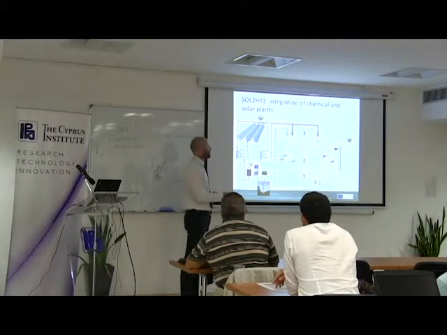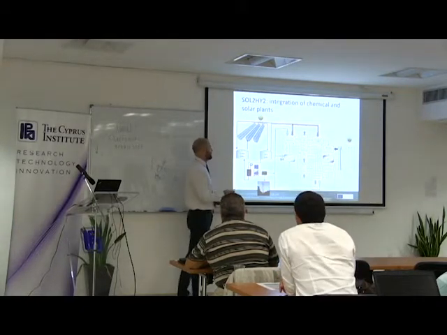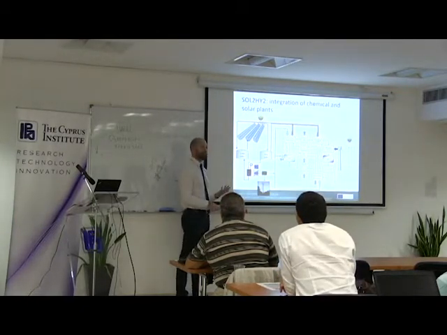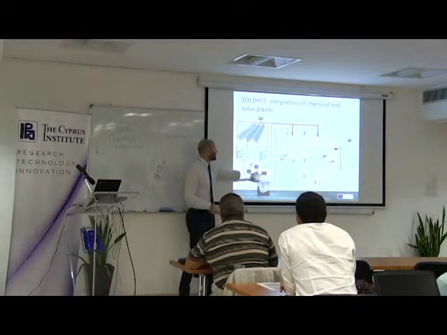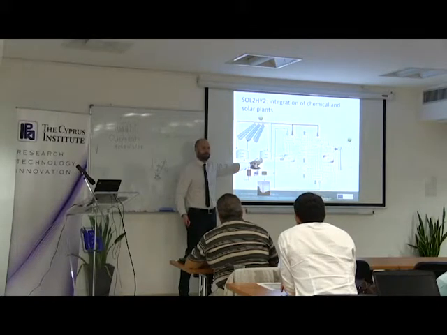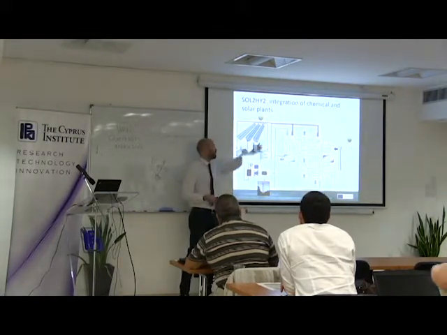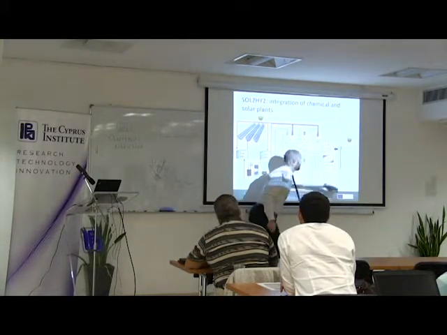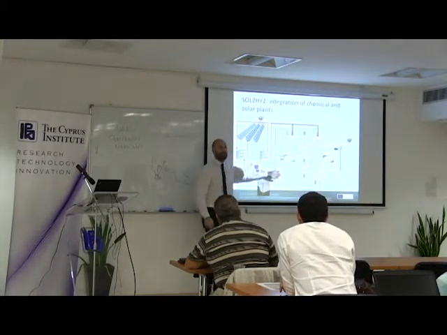So in this case, no storage was considered. As for the electricity, we can rely either on the grid, or on the electricity produced by a power block using the same molten salt. So you see, this is a possible integration between the two different types of solar plants and a chemical plant.